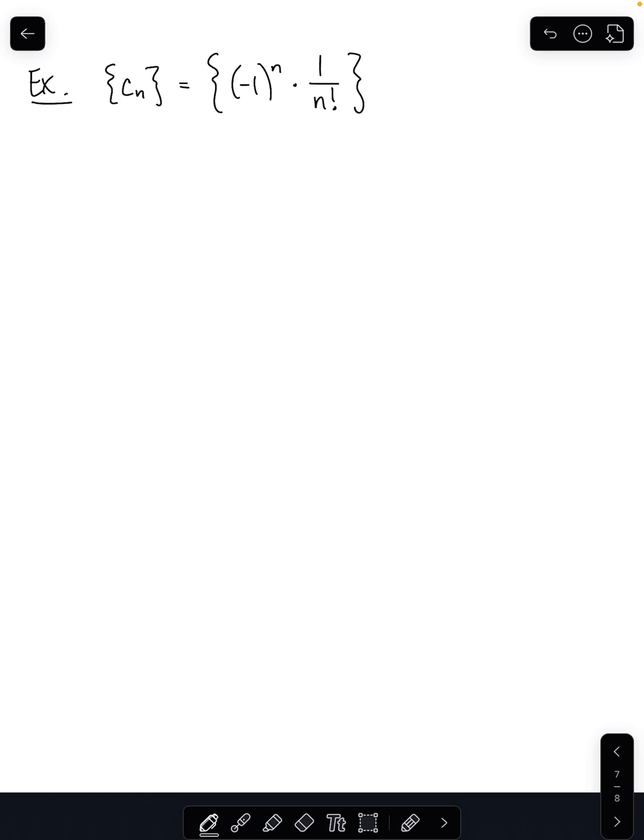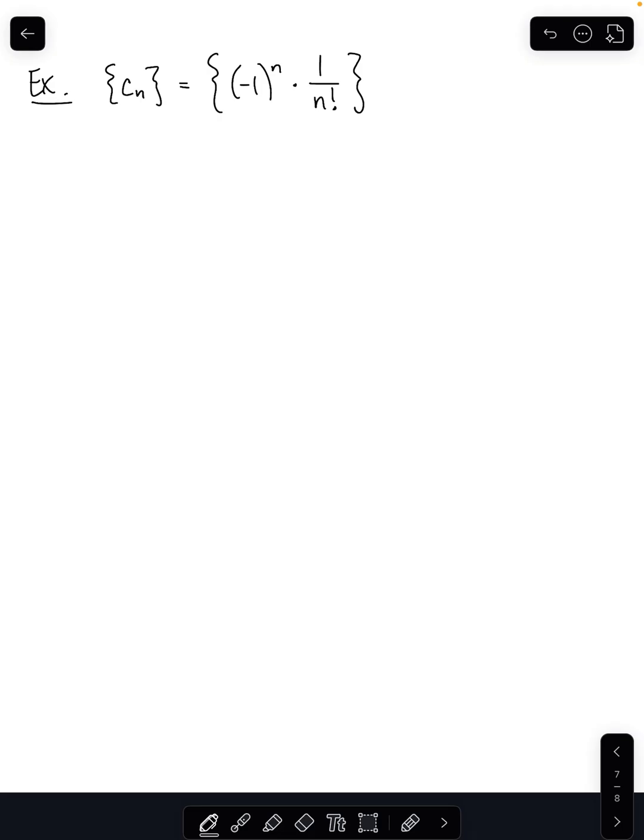One, we've got this factorial operation, which is not necessarily the easiest thing to work with, being that it's completely brand new. But more than that, we have that -1 to the n, which we saw in a previous example, creates an alternating situation here.